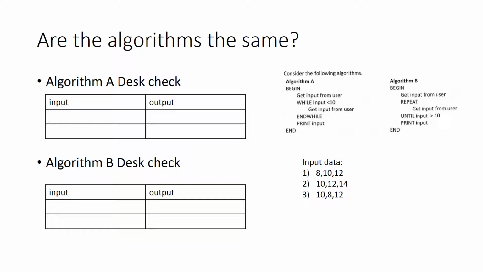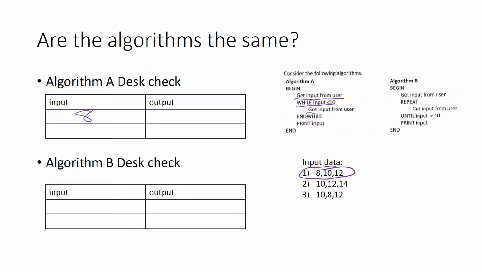So a desk check for algorithm A and algorithm B, I'm going to do that on this page. And I have three sets of input data. I'm going to use input data 1, which is that the first input is 8. So let's look at algorithm A first. We have get input from user. So the input from the user is 8, while input is less than 10, which it is.